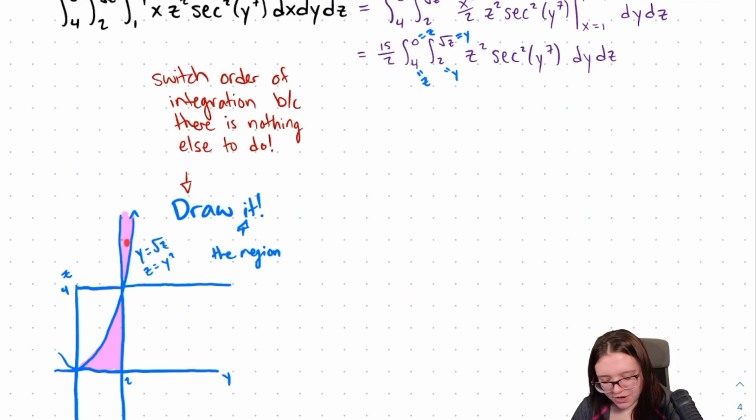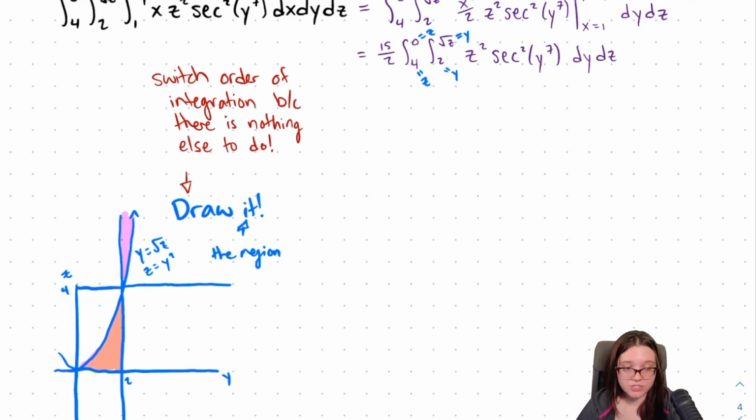Now we need to figure out which part of this we're using, and we're told from the next integral that we're going from 4 to 0. So we are going in this piece, the new orange one, because that is the one that is between y equals 2, y equals the square root of z, and also between z equals 4 and z equals 0.